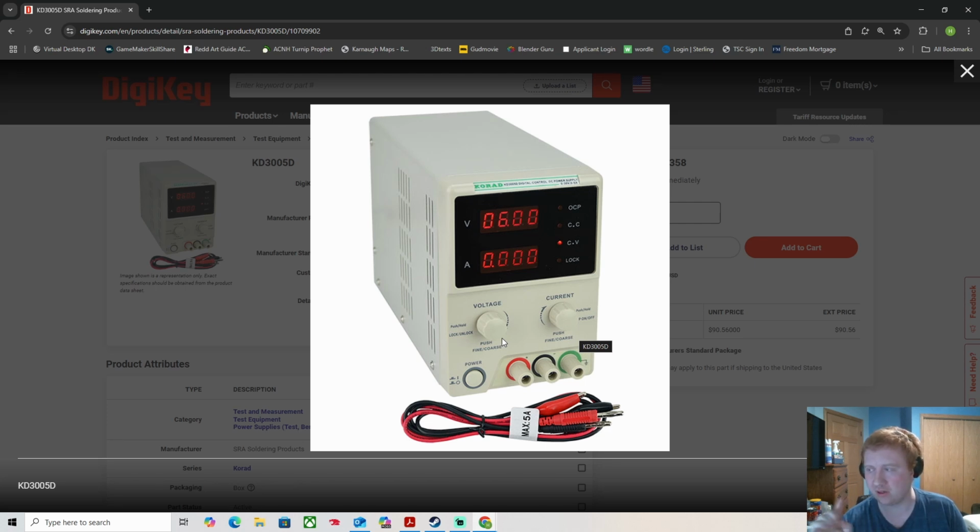What the current knob does is set a threshold for when it switches to constant current mode, the C.C. So let's say you set the current knob at 1 amp, and you had resistors connected to the voltage supply at whatever you set the voltage to. It would draw whatever it needs to. If you went lower and lower in resistance up to the current limit, it would do just fine.